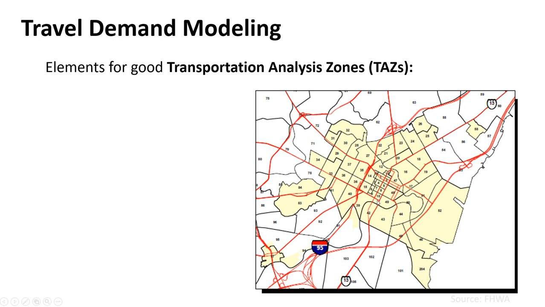Down here is probably the downtown area, and so it has smaller zones because the density is higher. There's more people trying to get to downtown and working in downtown. So to model how many people are going to be driving on this road and then this road to get to downtown, it's good to have these smaller zones down here. Now, where the housing density is less, like out here, right?